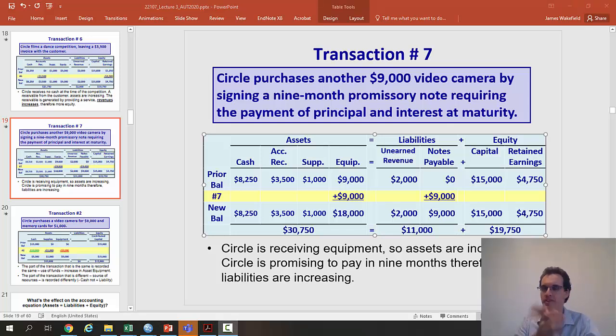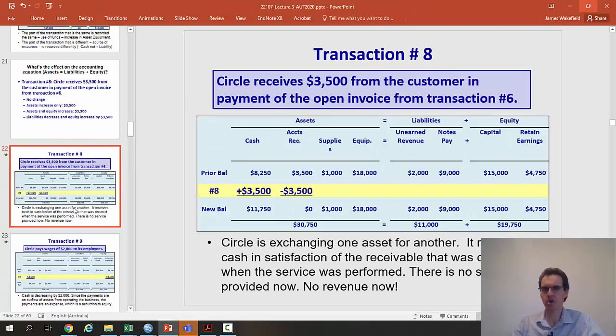So the last question I would like you to answer for the purpose of this particular workshop component, learning objective number 2, is this question. In transaction 8, it says Circle receives $3,500 from the customer in payment of the open invoice from transaction 6. Remember, in transaction 6, Circle delivered the service, but the customer had yet to pay.